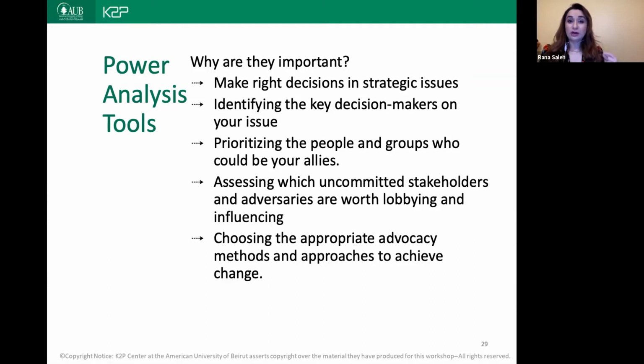And who are the stakeholders that are against this policy? What are the arguments that they use against this policy? What are the framings that they use against this policy? What have they done before to show us that they have the power in this landscape?